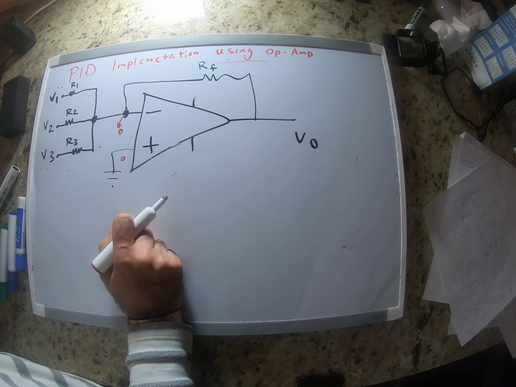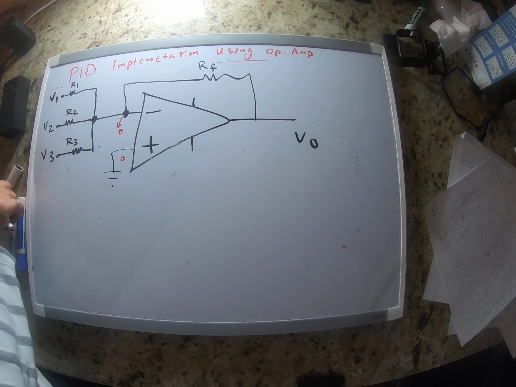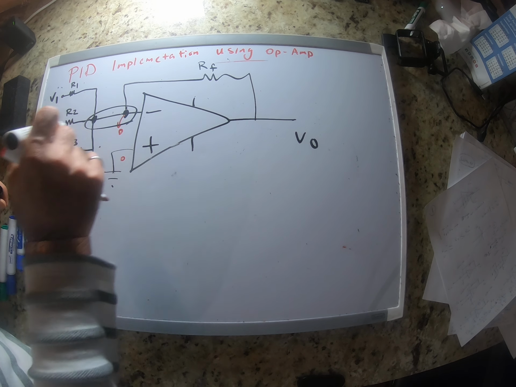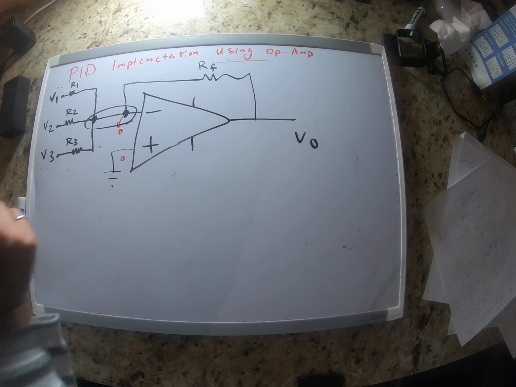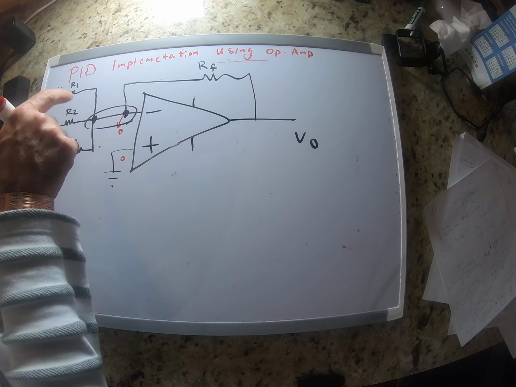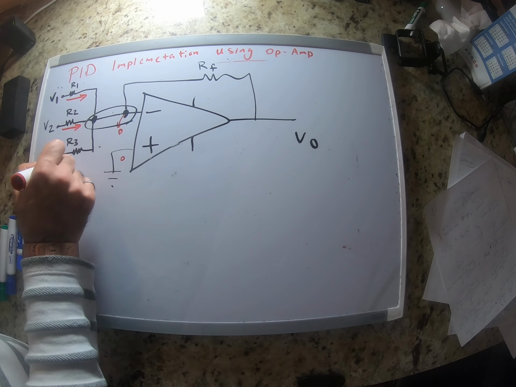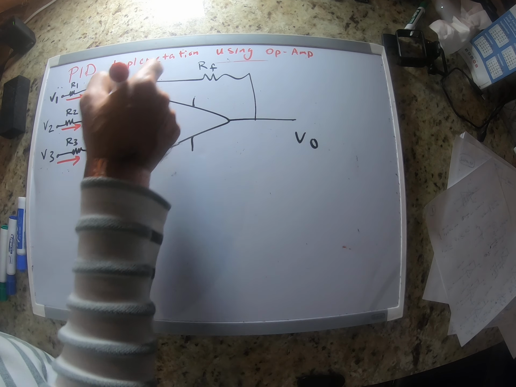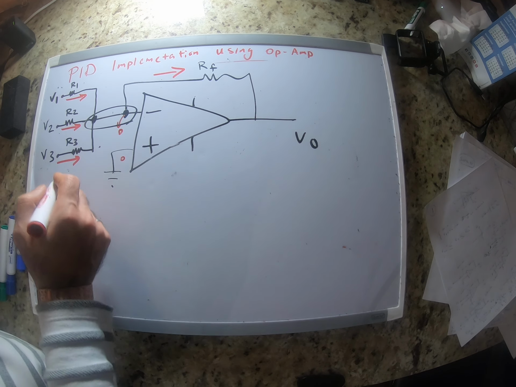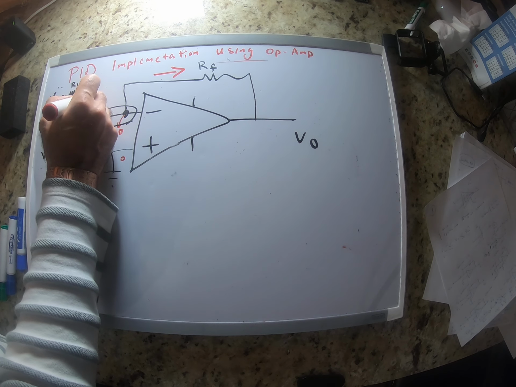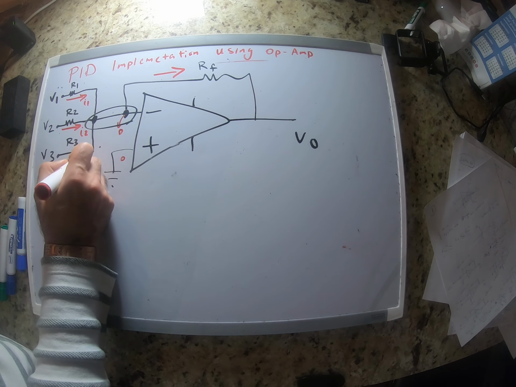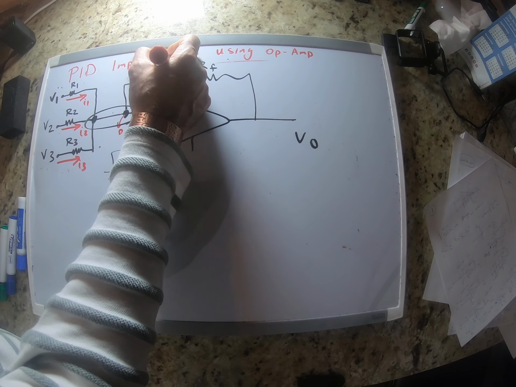Okay, now these two nodes are basically the same, they're connected here. So if I write KCL at this node, it means that this current plus this current plus this current is going to be equal to the output current. So let me call this one I1, I2, I3, and this one IF.